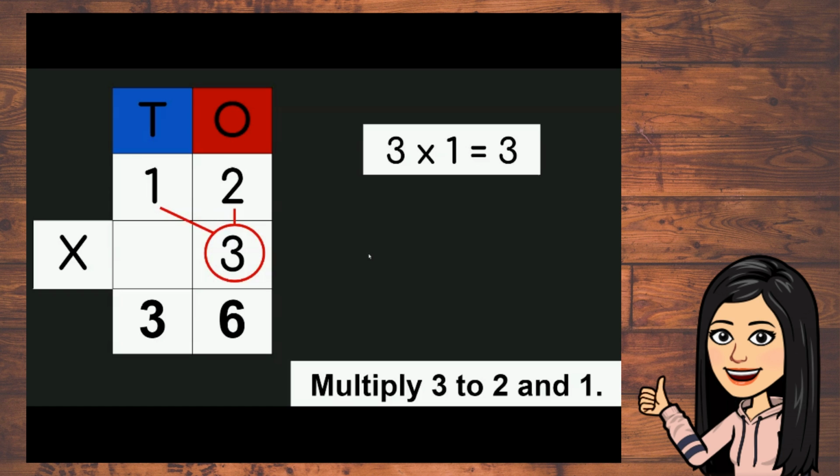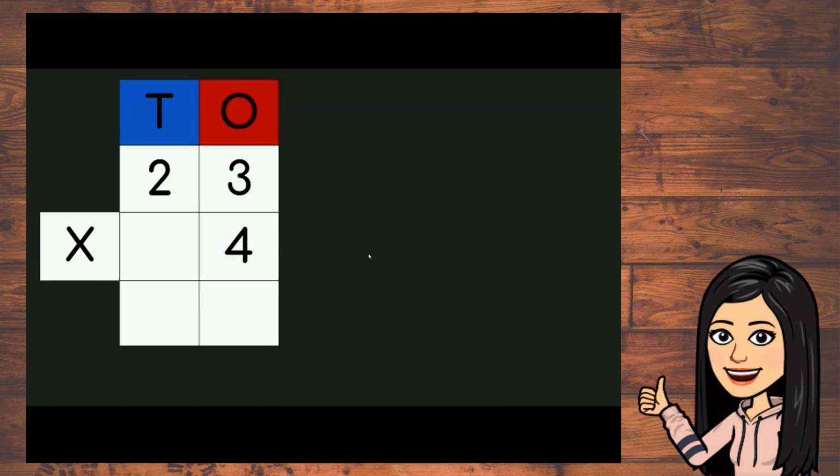Okay, now let's proceed to the next one. So we have here 23 times 4. Now this time, there will be an added reminder wherein, if you got the product which is a 2-digit number, you have to separate those 2-digit numbers.